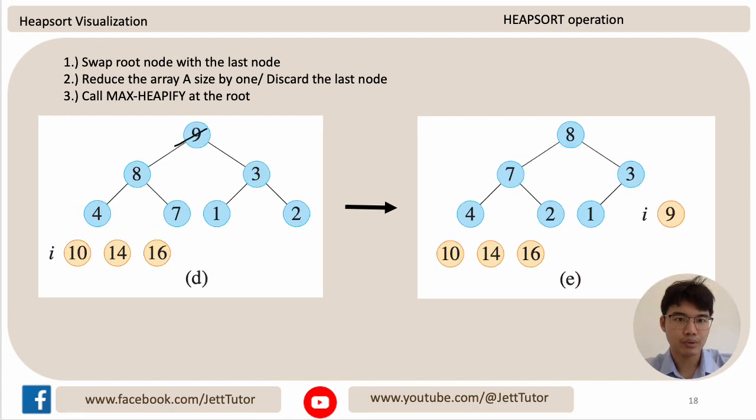So we swap the root node with the last node. That becomes 9. Then we discard the last node, and then we call max heapify at the root node. The result is on the right.